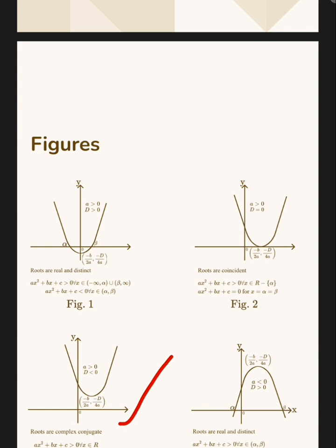We will find the discriminant. We are doing this for a less than 0, and here we will again get a parabola, called a downward parabola, like in figure number 4.